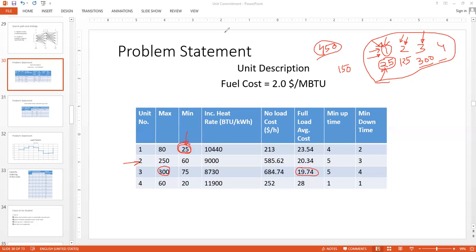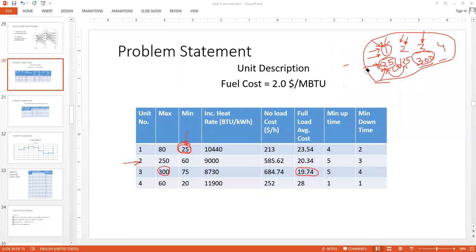So now we have 3 units for this state 14 that will satisfy 450. First we see that 300 is possible, we can take 300, because even if we take 300, the remaining 2 units can take up some of the load. Unit 1 is the costliest unit among these 3, so we take up the minimum, because we have to take at least the minimum from that, and the remaining part is taken from unit number 2.